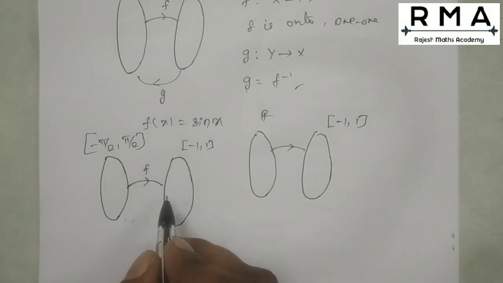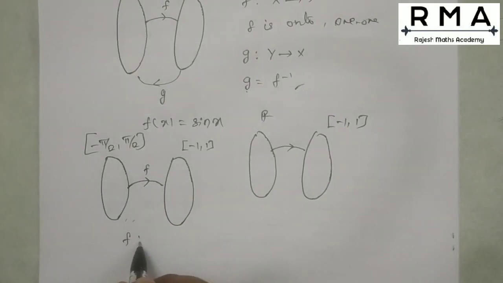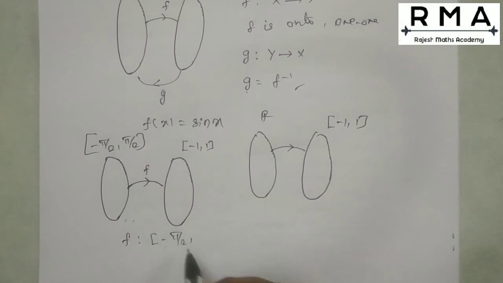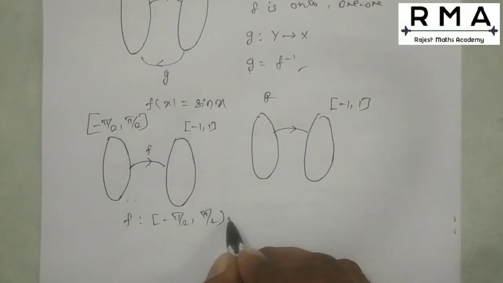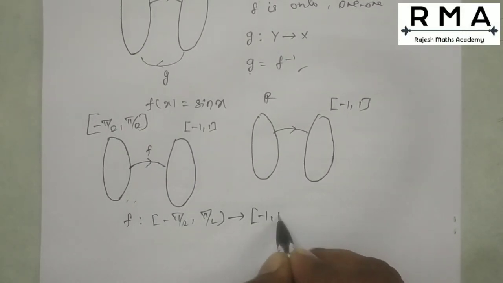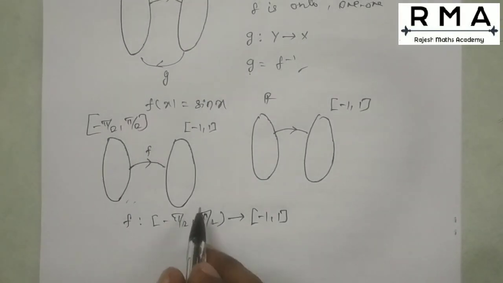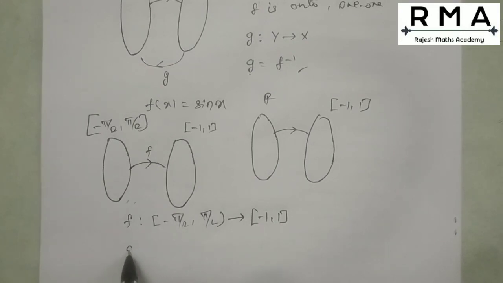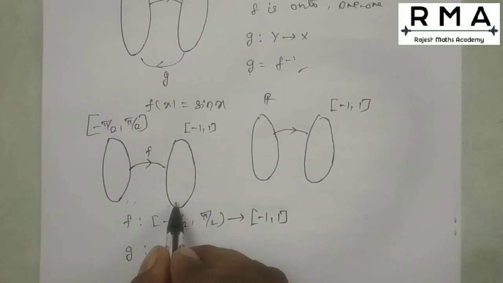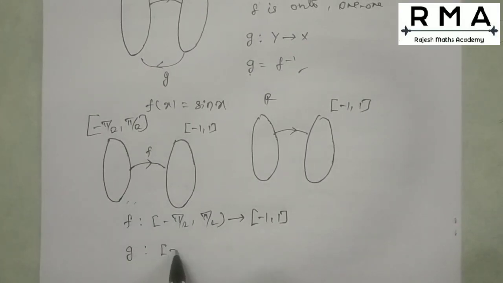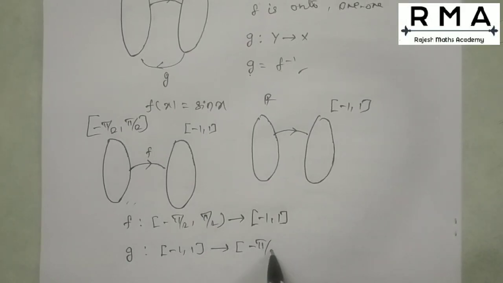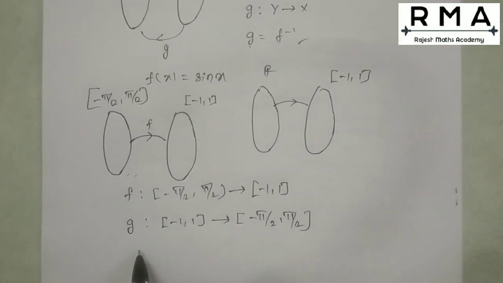Clear? So now I can write f is a function from minus pi by 2 to plus pi by 2 to the closed interval minus 1 to 1. So this is one-one and onto. So I can define the function from Y to X, that is, a function from minus 1 to 1 to the closed interval minus pi by 2 to plus pi by 2, which is nothing but sine inverse of x.